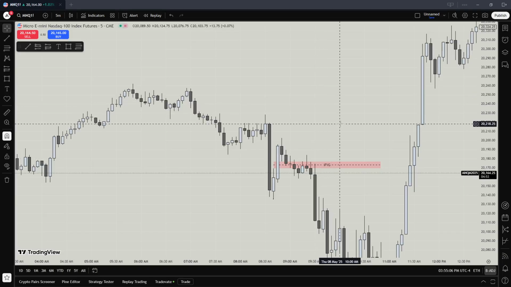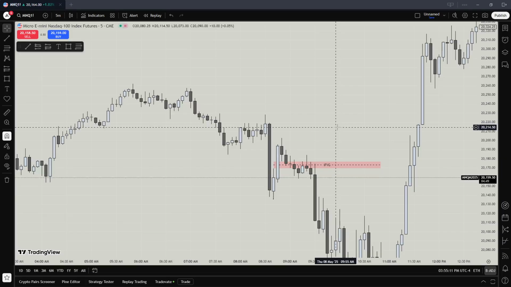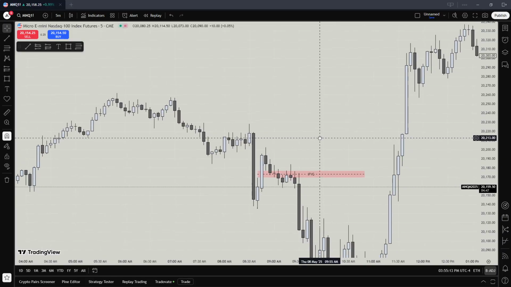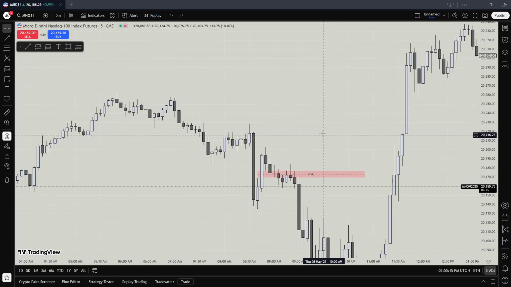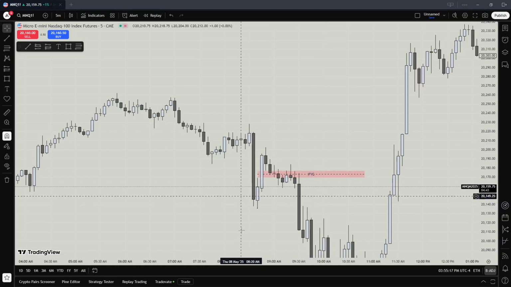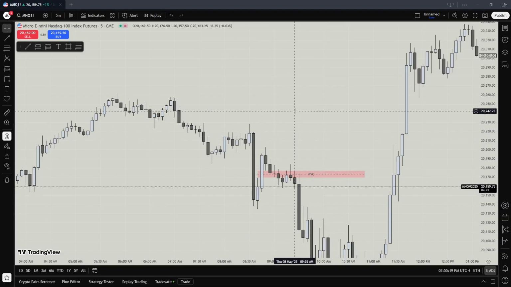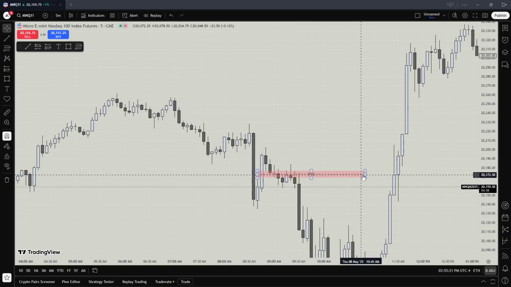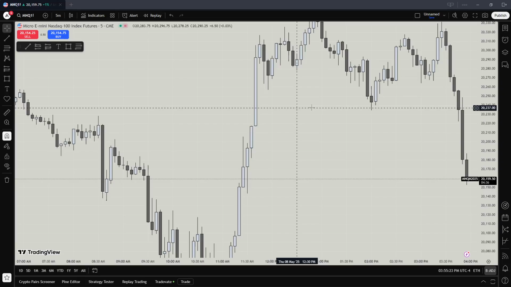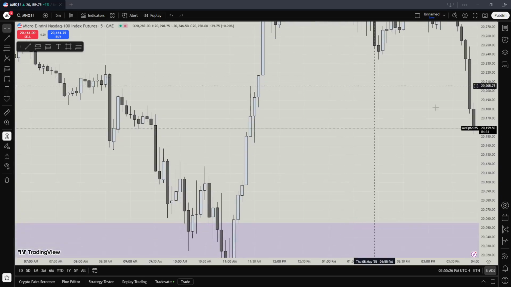It's not the best. It's not the greatest. But you still win, right? But at what cost? Because that's not always going to happen. There's a higher chance that it's going to go down and sweep these lows before going up to your TP. So it's smarter to just cut your losses then and wait for a better entry.